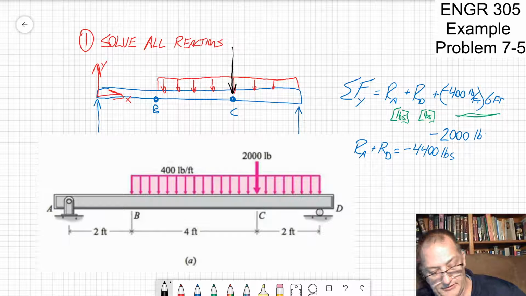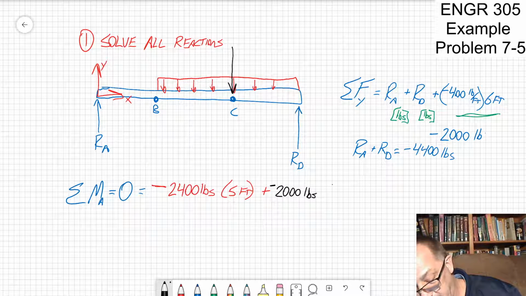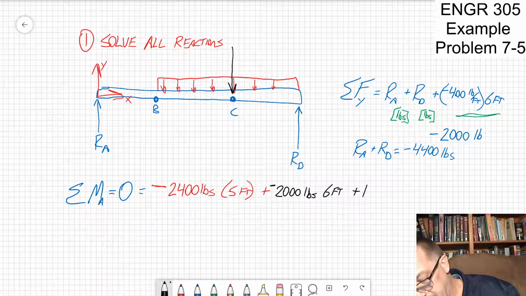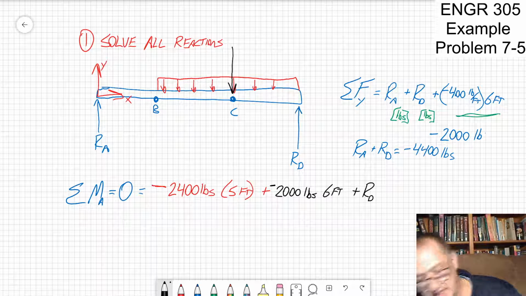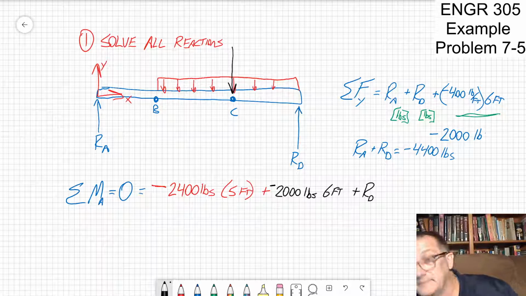And the distance away there, I got to look at the picture again. 6 feet away. And then I've got plus the reaction force at D times the distance away. And that distance away is 8 feet.